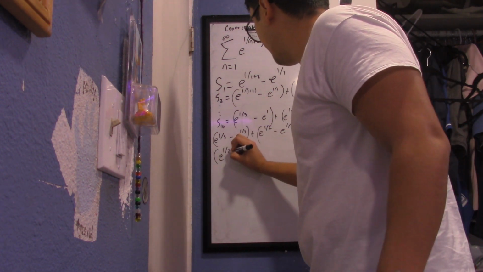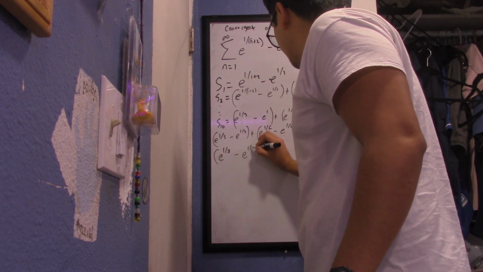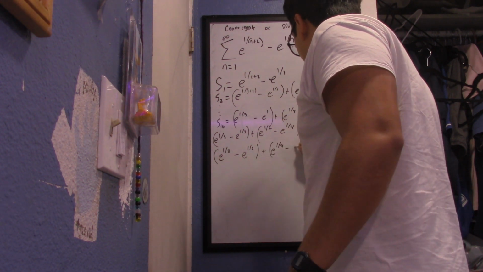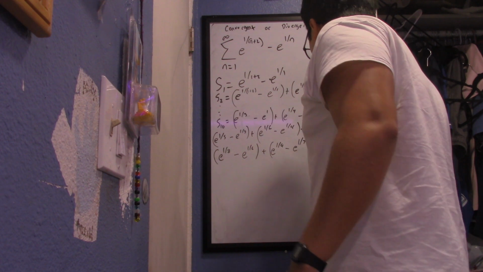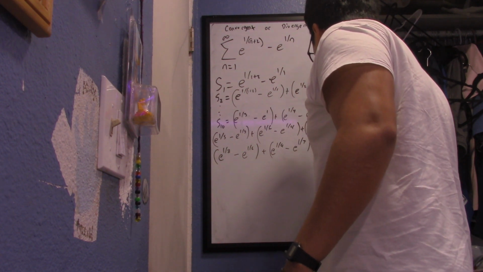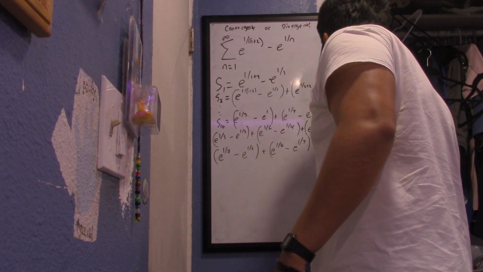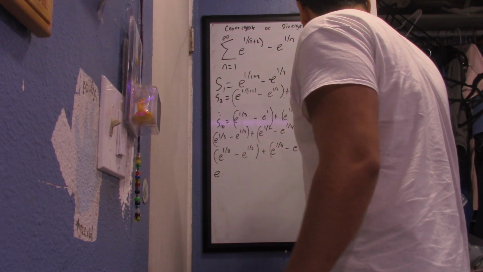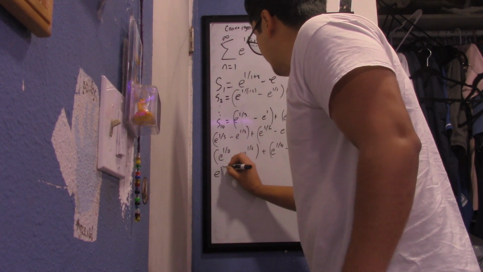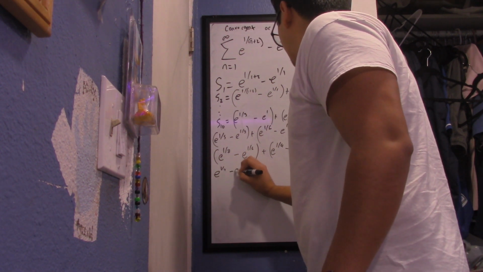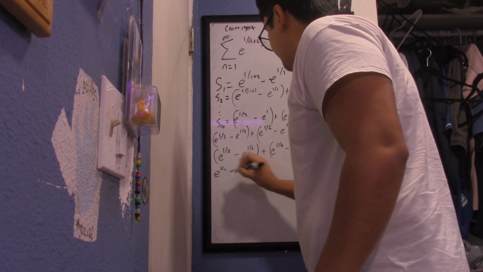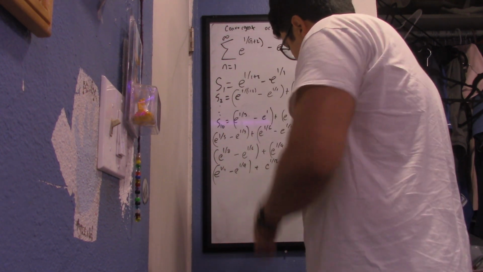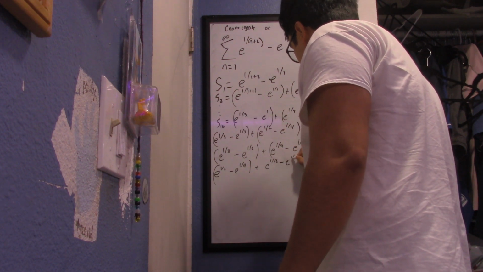e to the power of 1 over 8 minus e to the power of 1 over 6, plus e to the power of 1 over 9 minus e to the power of 1 over 7, plus e to the power of 1 over 10 minus e to the power of 1 over 8, plus e to the power of 1 over 11 minus e to the power of 1 over 9, plus e to the power of 1 over 12 minus e to the power of 1 over 10.